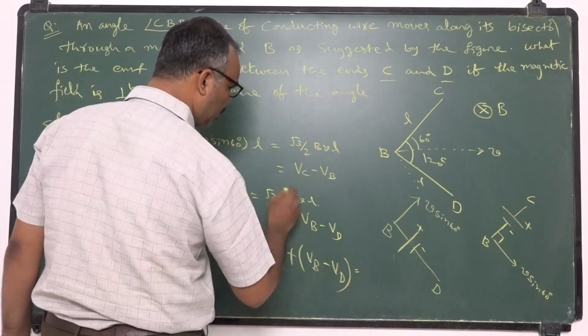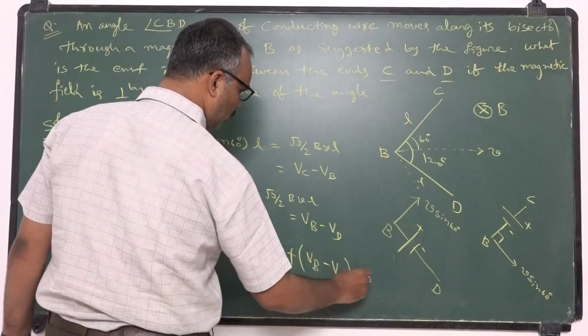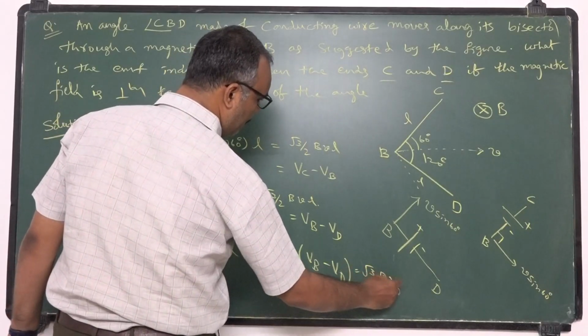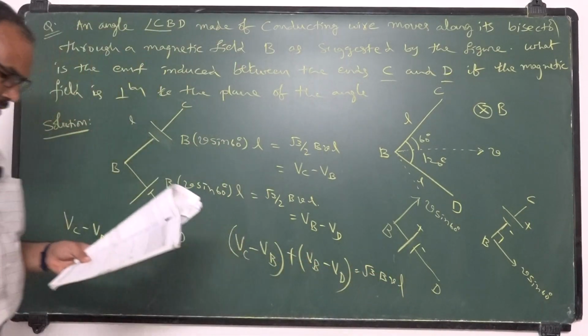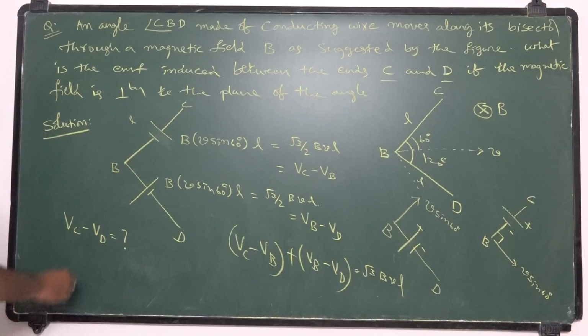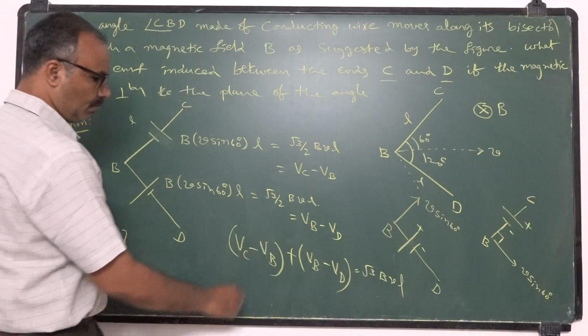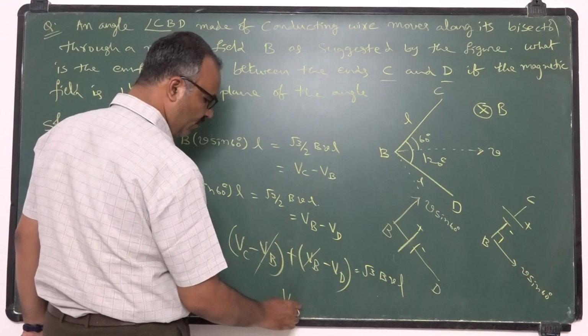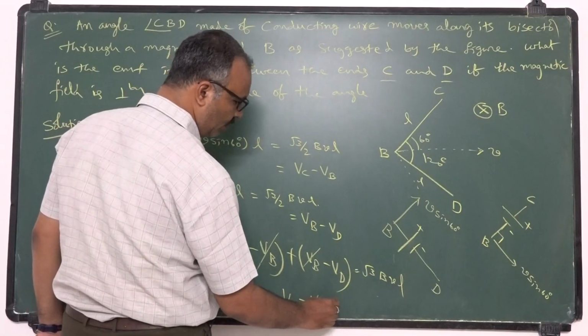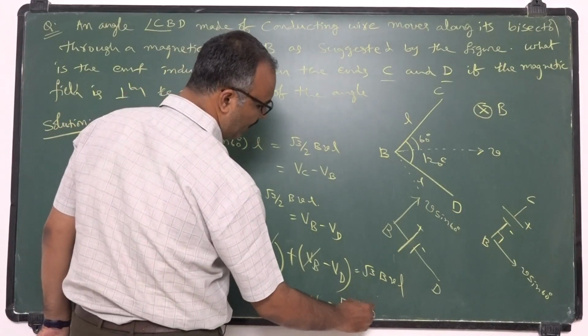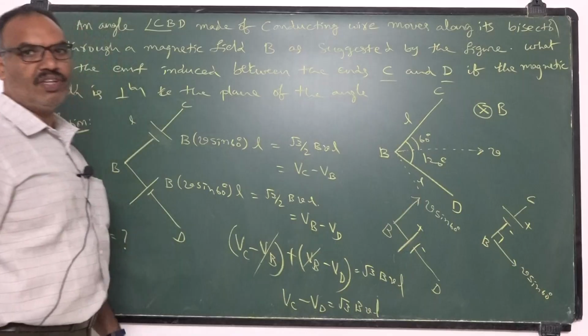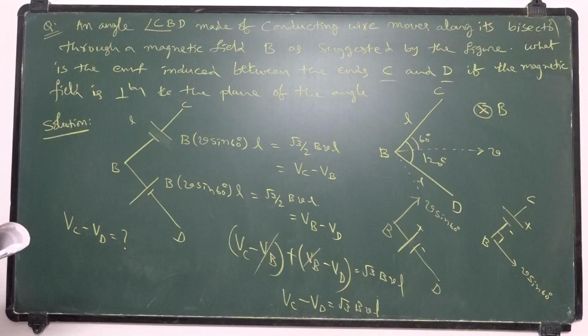Two times of this means root 3 BVL. Root 3 BVL is the answer for the question. VC minus VD is equal to root 3 BVL. That is the EMF induced between the two ends of the given arrangement of rods.